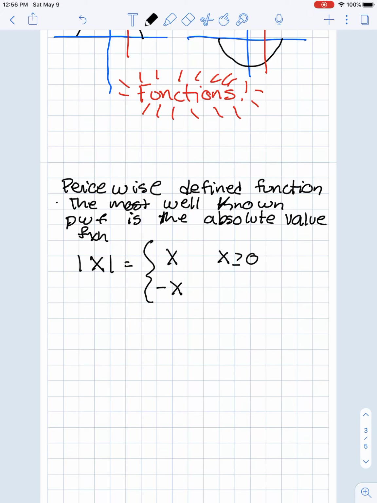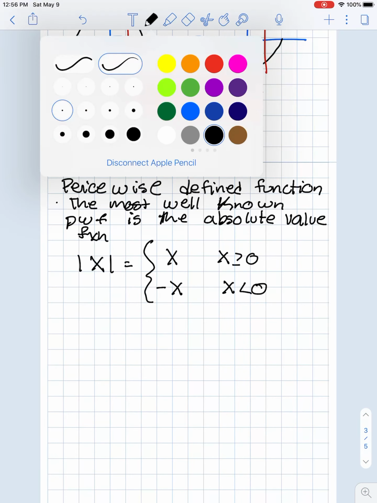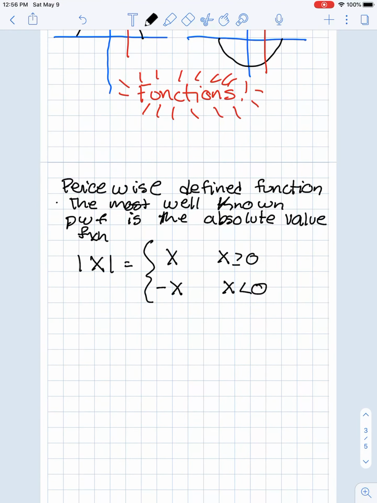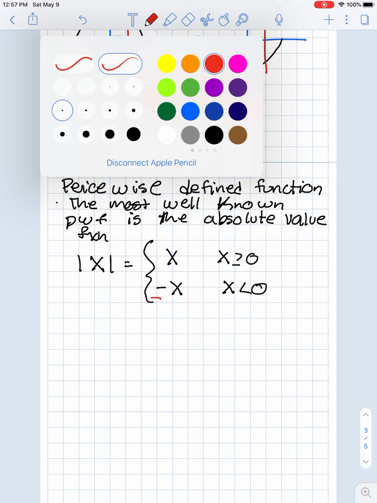It's going to give me negative x when x is below 0. What's the absolute value of negative 1? It's 1. Well, negative 1 times a negative gives me 1. So it takes a positive number and it keeps it positive. It makes the negative number positive. So that's why that little guy exists right there.